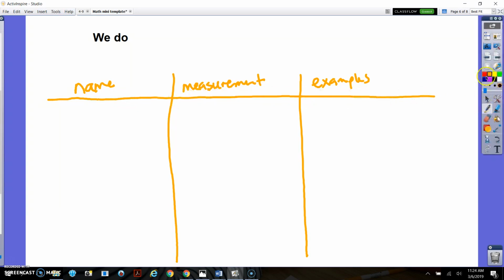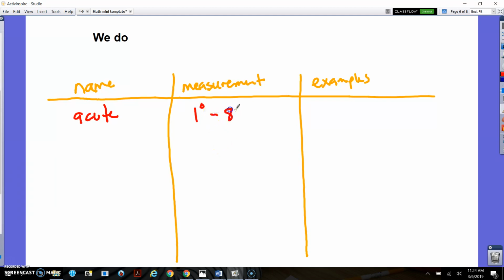So first 3 are probably pretty quick. Acute, you already know. The measurements are, I'm just going to use the whole numbers, even though that's not exactly precise. 1 degree up to 89 degrees. Can actually be a 0 and a fraction degrees up to 89 and a fraction degrees, but that's close enough. And draw yourself 2 examples. Let's make one where it opens toward the right like they usually do, and maybe a second one where they don't.